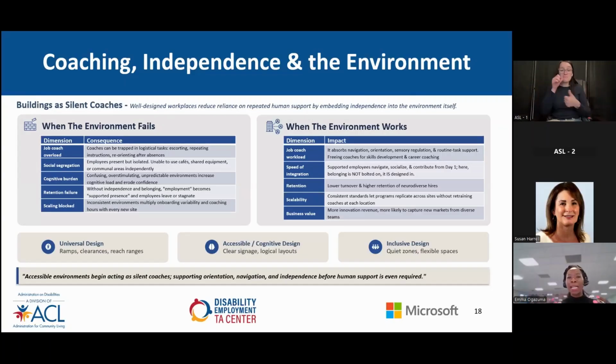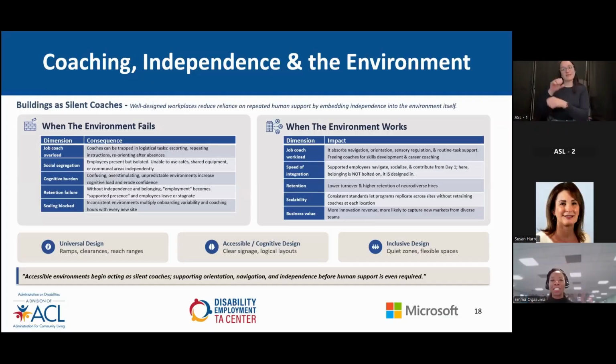The campus is quietly saying back, you're on the right path, because it's giving them the color-coordinated, color-coded routes. So River doesn't need to remember every single thing. They don't need continuous support. They can work independently with confidence and dignity. The environment has become a silent job coach for River in this instance.